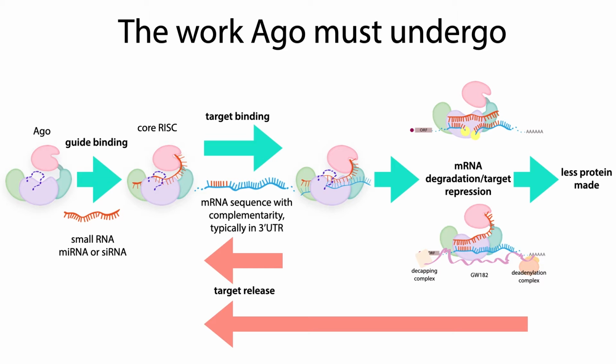As such, Argonaut proteins are evolutionarily conserved and important for maintaining homeostasis, so maintaining correct levels of proteins and mRNAs in your body. And they can also be used to regulate developmental processes. Because this is sequence specific, it makes it a really powerful and valuable therapeutic and experimental tool.